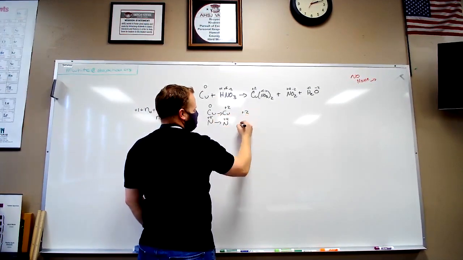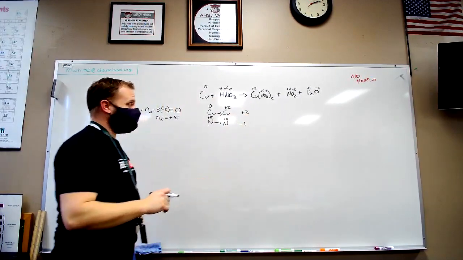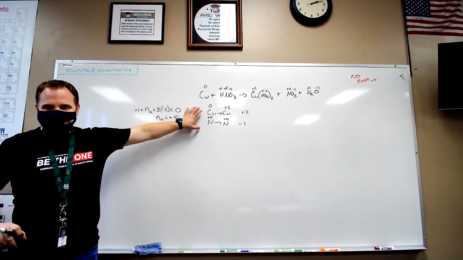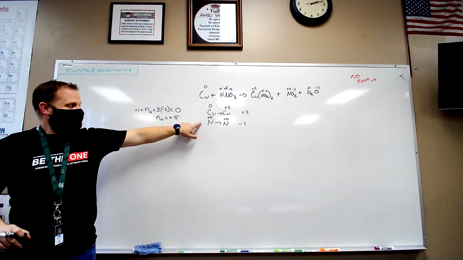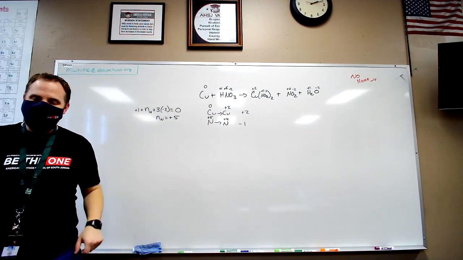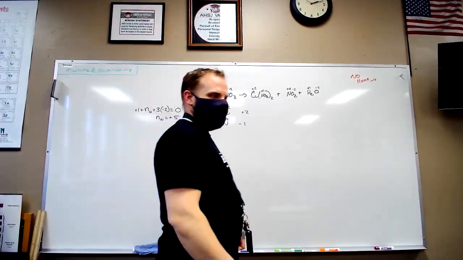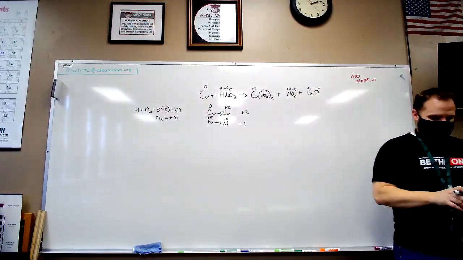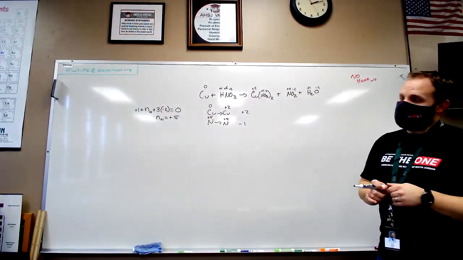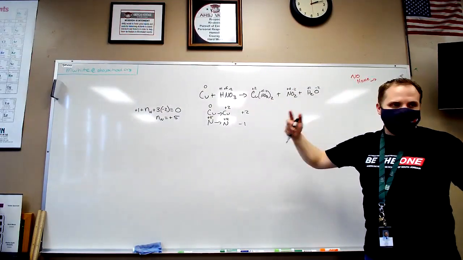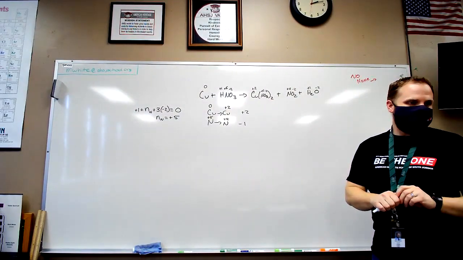So our total change is minus 1. What we need to do, we need to have twice as many nitrogens, right? Because that is going to give us the equal amount of total electrons moving.